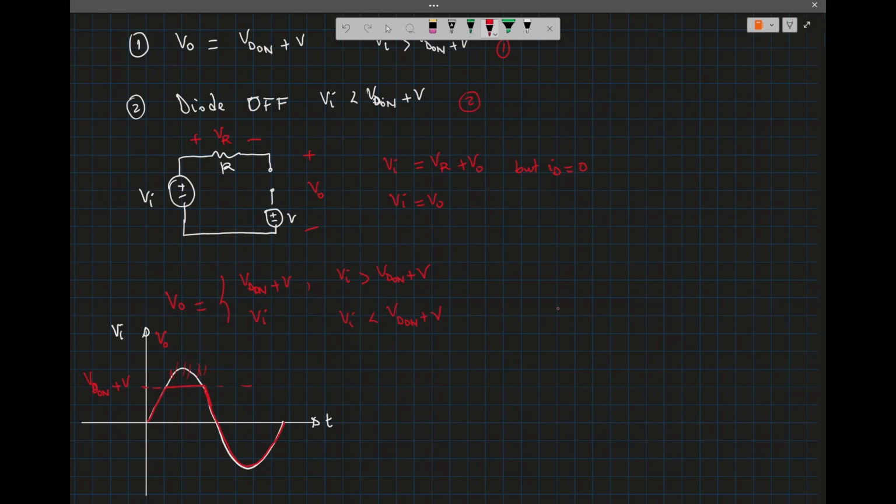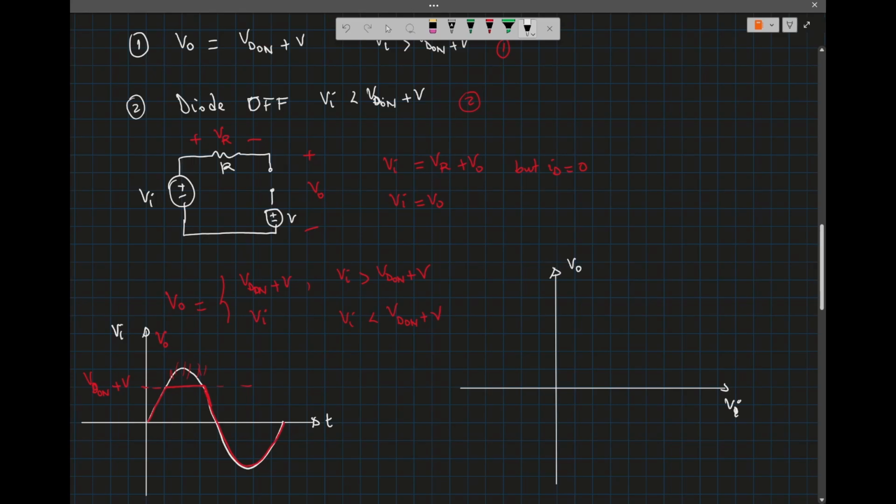Now I'm going to sketch the transfer characteristic. Let me sketch the output voltage as a function of the input voltage. VI is here, the input voltage, and I'll put the output voltage here.